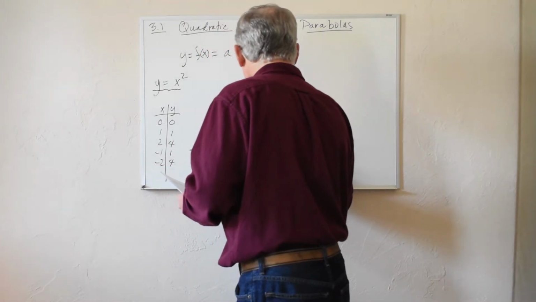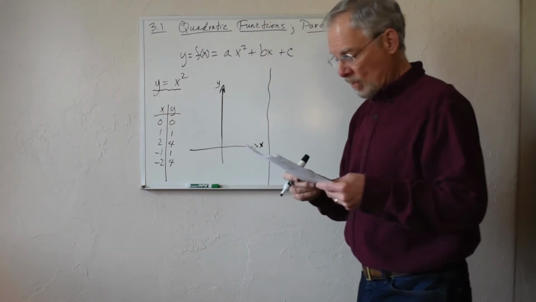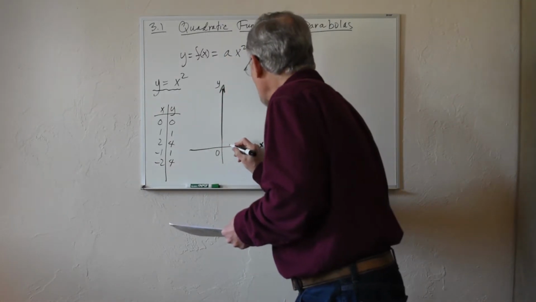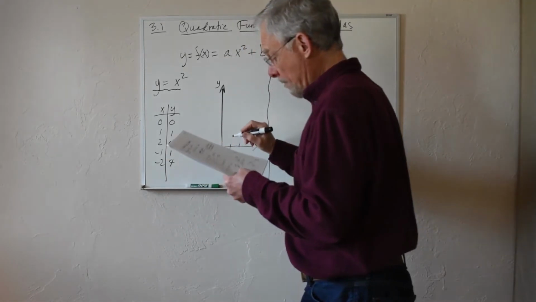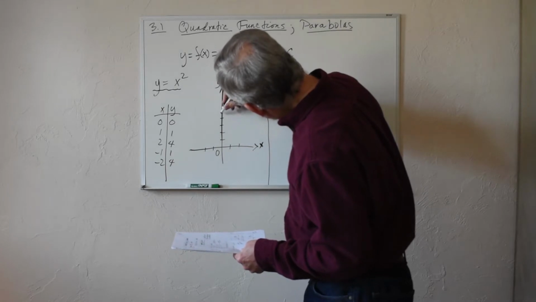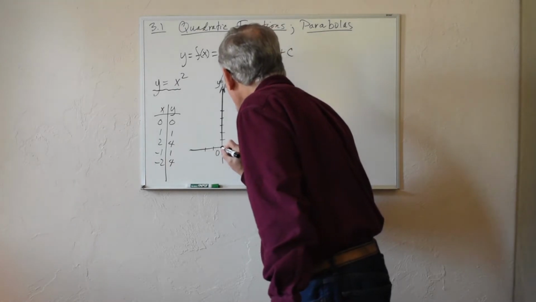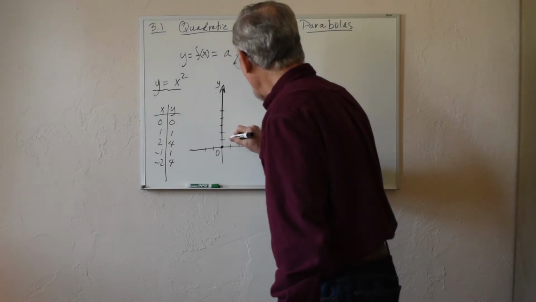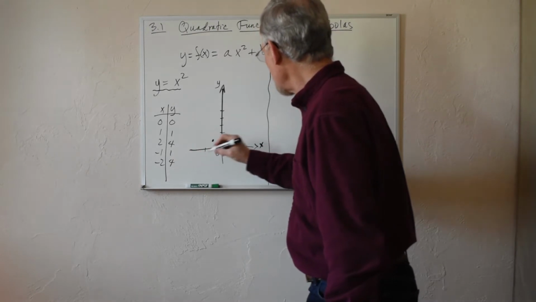I'll just put a simple XY coordinate system up on the board, and if I mark that as 1, 2, -1, -2, and then mark off some y values, let me plot these points. 0, 0, the origin, is on our graph. 1, 1, -1, 1, then 2, 4, -2, 4.